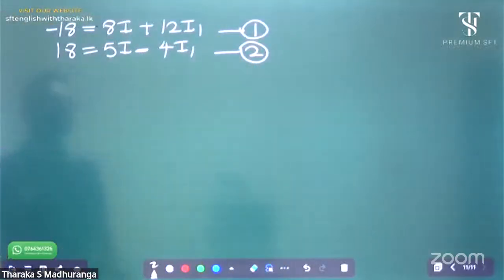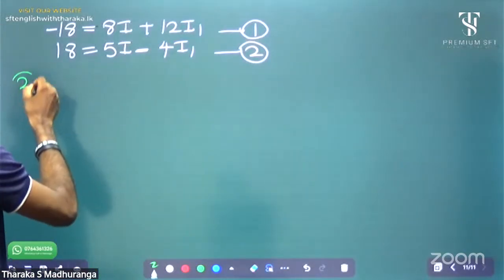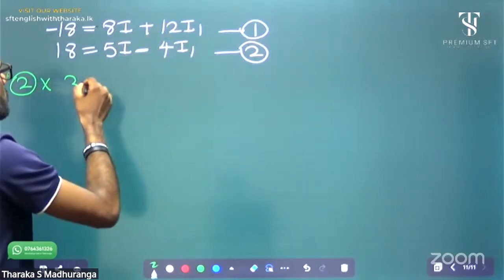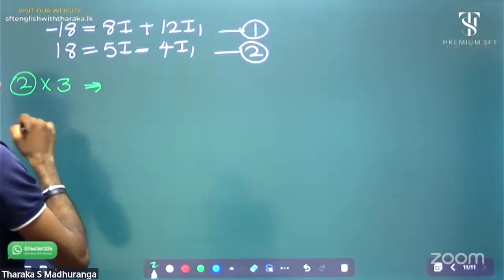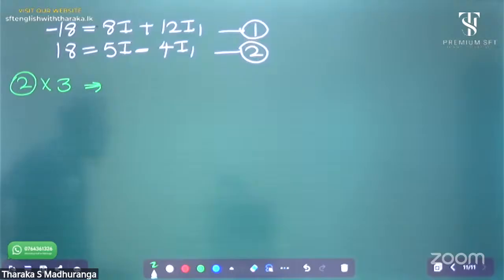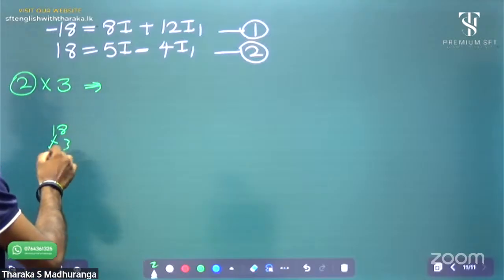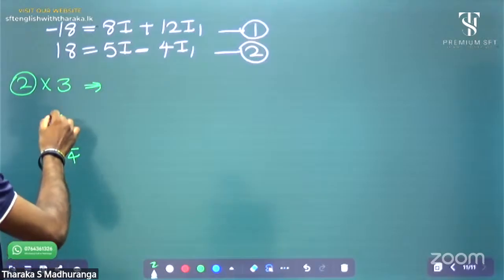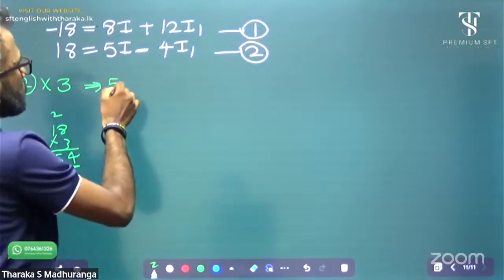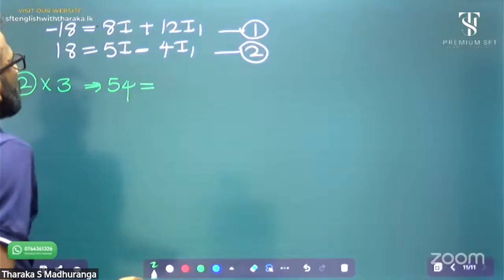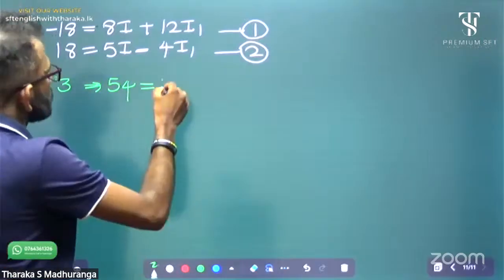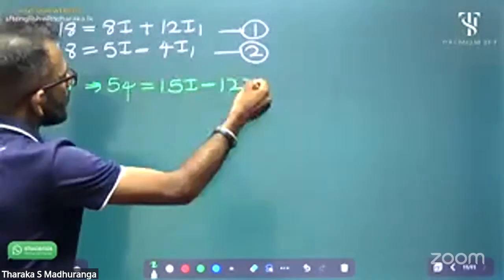To make the coefficients the same, it is better to multiply the second equation by 3 to convert into minus 12I1. 18 into 3 is 54. So 54 equals 15I minus 12I1. This is my third equation.